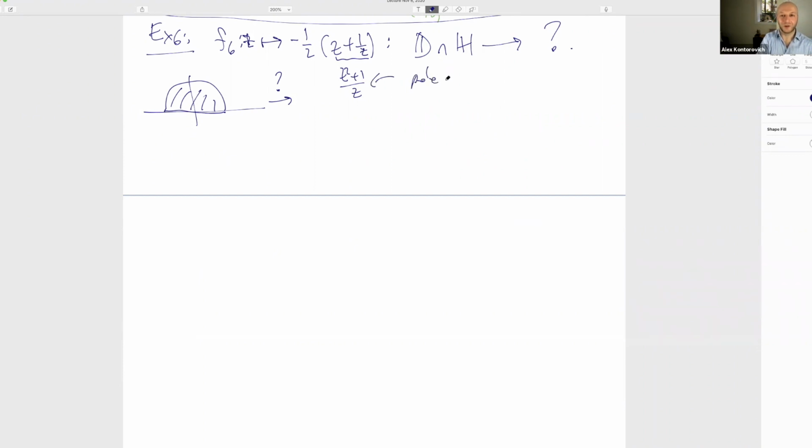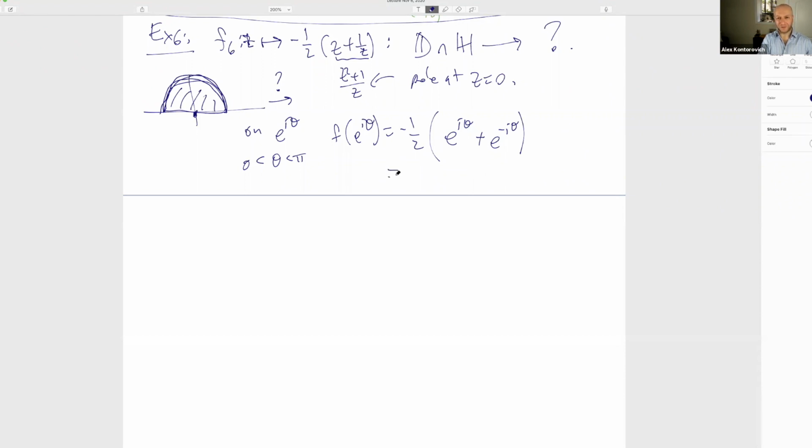This has a pole at z equals 0. So there's something funny going to happen here. So let's look at this region first. What happens on e to the i theta, theta between 0 and pi? f of e to the i theta is minus 1/2 times e to the i theta plus e to the minus i theta.